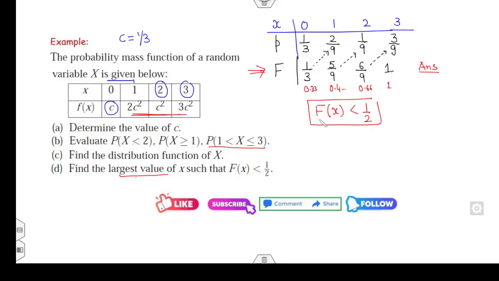Which one is satisfied? The number which is less than half. So 0.33 is satisfied, and 0.55 is not satisfied. The largest number corresponds to 1. So X will be 1, the right answer.